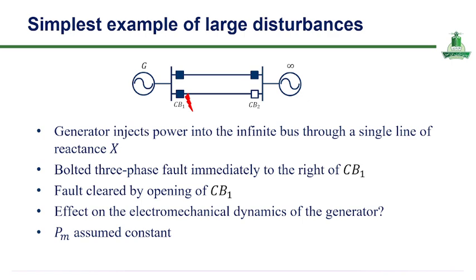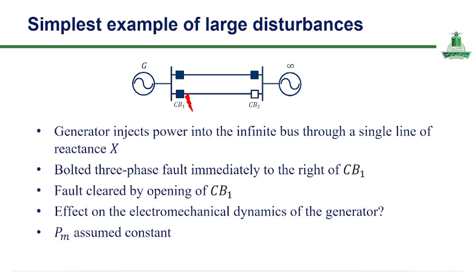A synchronous generator supplies power to an infinite bus through a single transmission line with reactance X. A severe disturbance is created by a bolted three-phase fault occurring near circuit breaker CB1, which drastically reduces the electrical output power. The fault is then cleared by opening CB1, altering the system configuration.